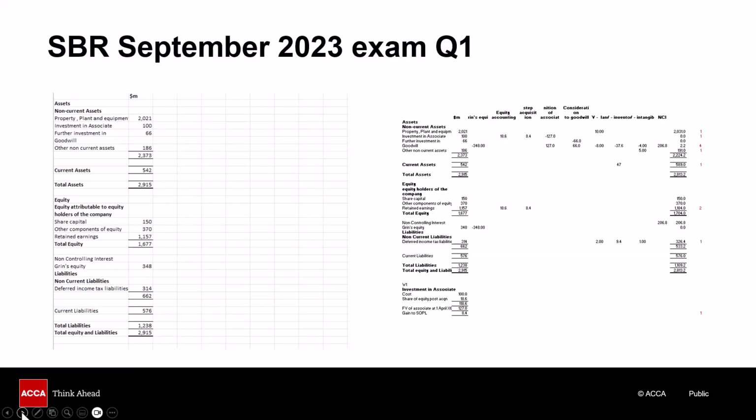You don't put all of your adjustments in one column. You label your columns and you separate out your workings accordingly, and you can see they're highlighted. In an answer, those headings, that's good examination practice to label your headings.